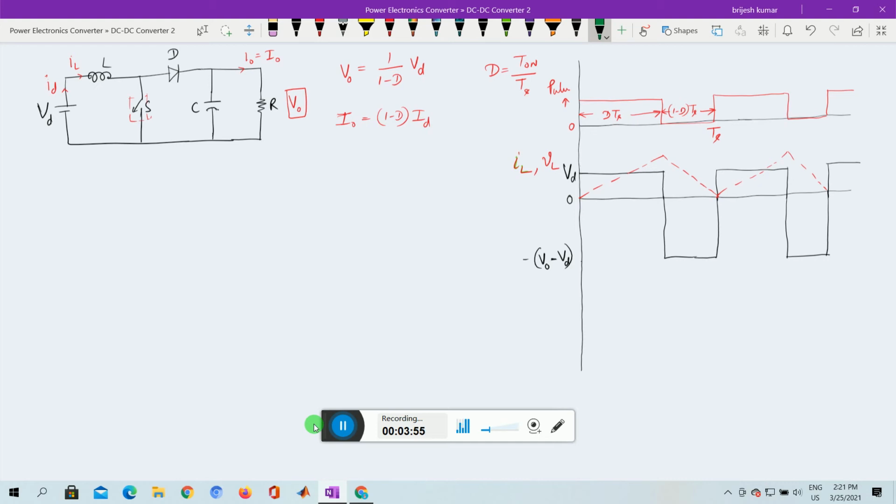Let us find the average value of the inductor current, or the ripple content in it.